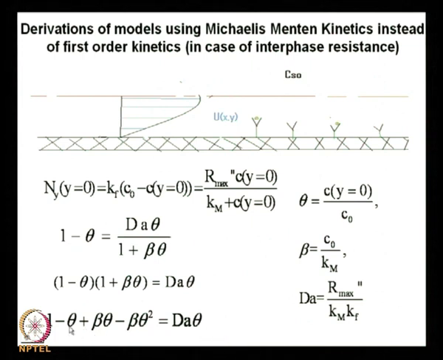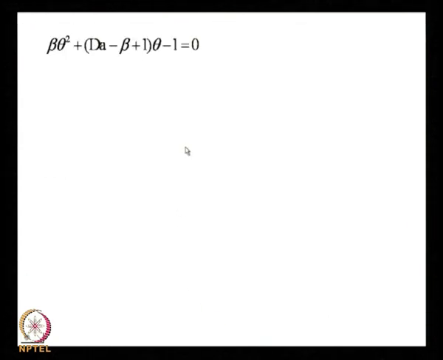Once you open the brackets, you get 1 minus theta plus beta theta minus beta theta square equals dA theta. So, you collect the coefficients, and then you get the final form of the quadratic: beta theta square plus (dA minus beta plus 1) times theta minus 1.